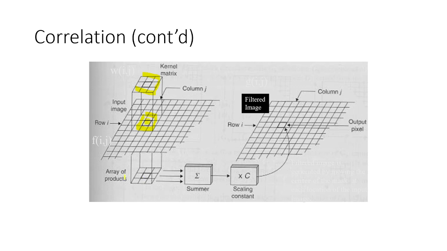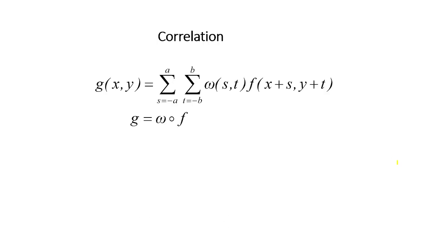Like this, the kernel matrix, also known as the masking matrix, is applied on each pixel of the input image, and you get the corresponding output value for every pixel. So let's consider how it is done.